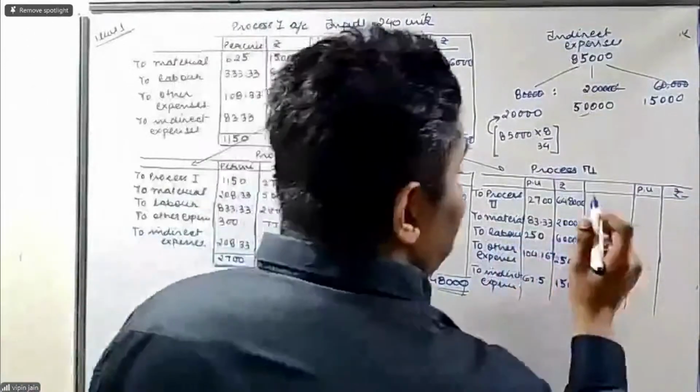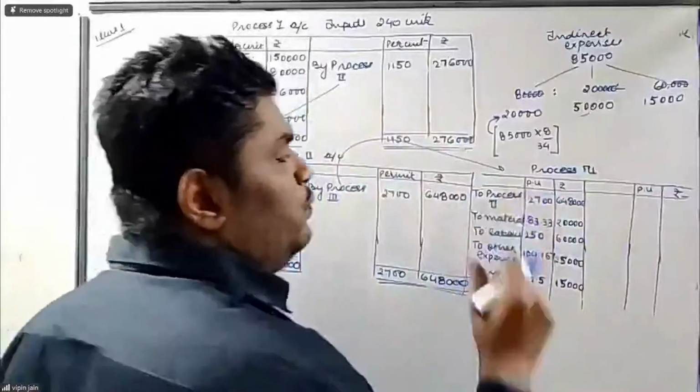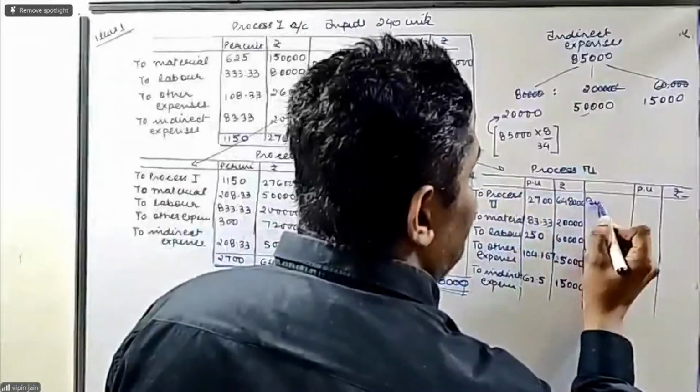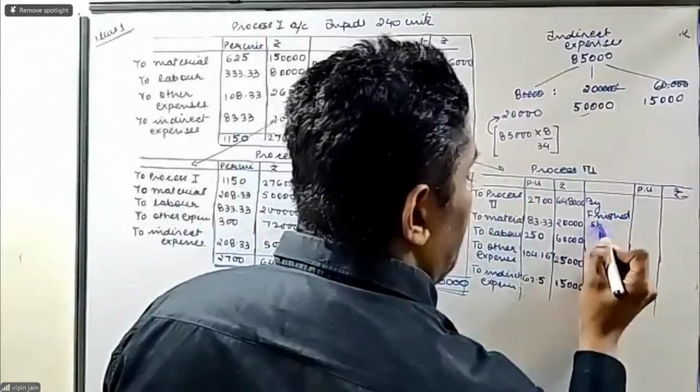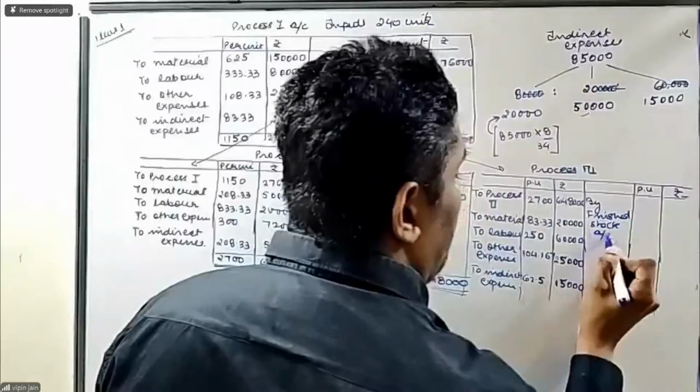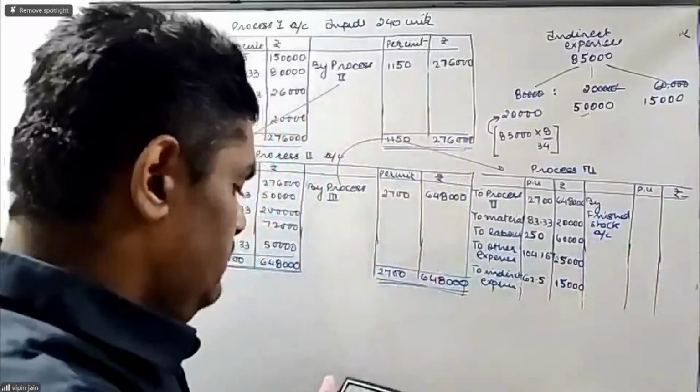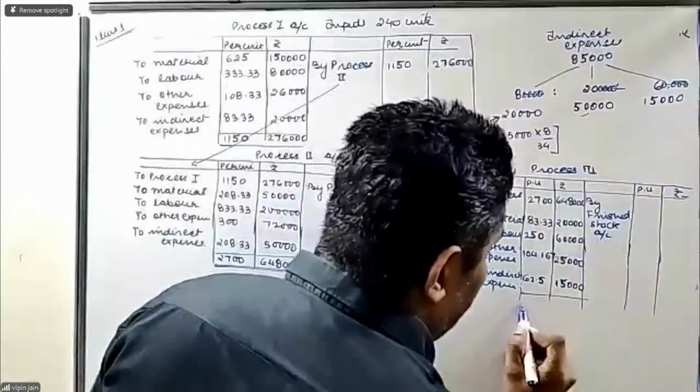Now since it is the final process, the output of process third is transferred to finished stock account. We'll write down the total.